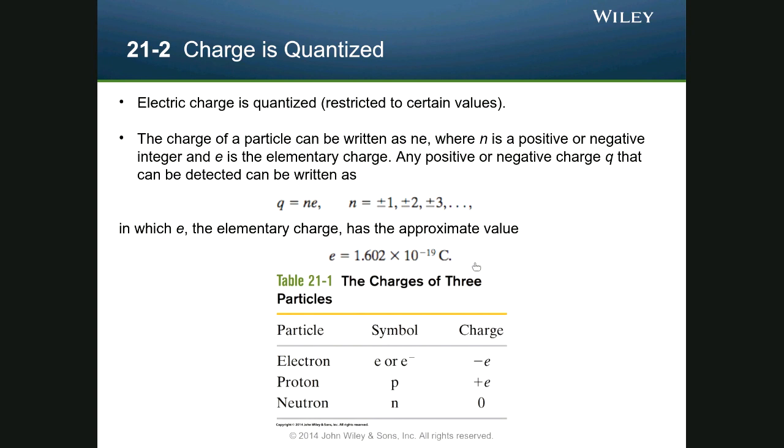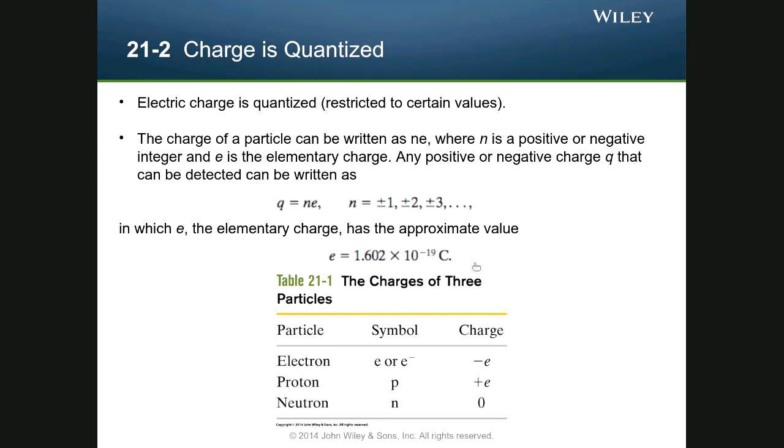To look at this idea of quantization, it just means that it can only come in these packets: 1, 2, 3, 4. It can't be continuous. There can't be like 1.1.